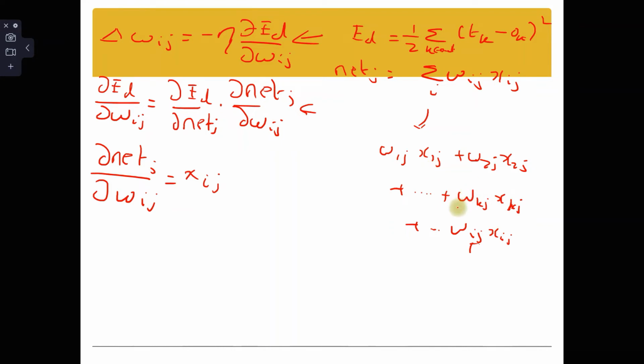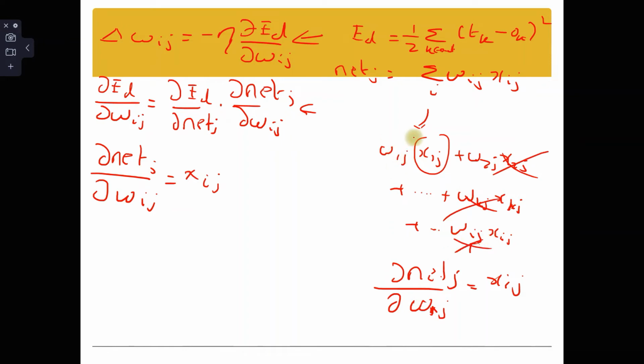So if you are differentiating, let's suppose, del net_j with respect to del w_1j, what would you have obtained? You would have obtained only this x_1j, and the rest will just cancel out automatically because they would become 0.